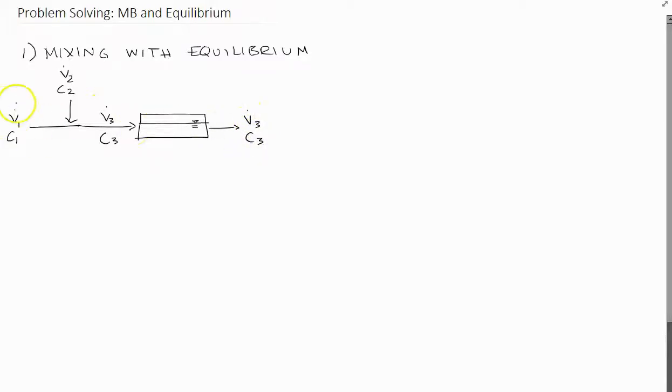Here we've got two streams, 1 and 2, mixing to form this third stream. I'll call this mixing point A, because this is a very important mixing point for our problem.